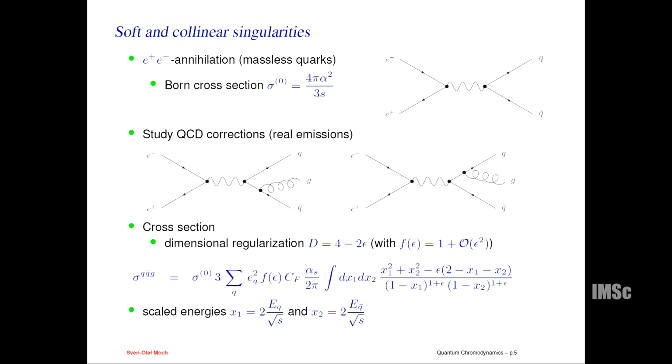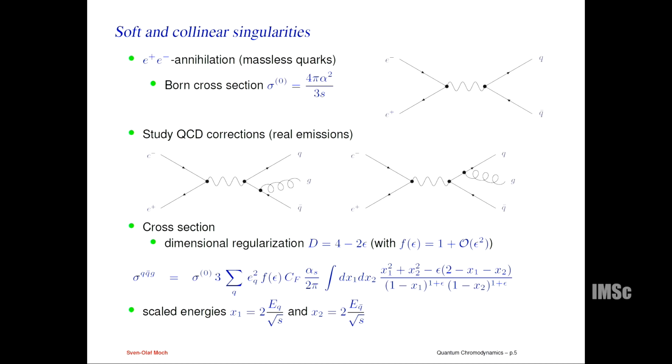So x1 is 2 times the energy of the quark divided by the square root of the center of mass energy, and x2 is 2 times the energy of the outgoing antiquark divided by the square root of the center of mass energy.